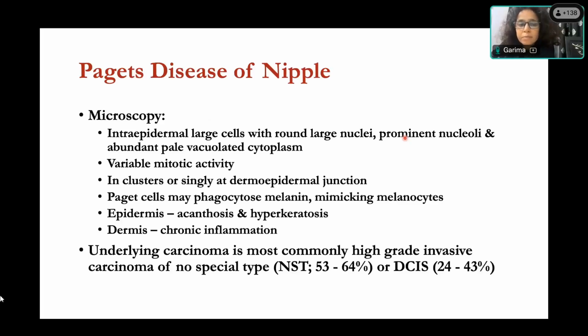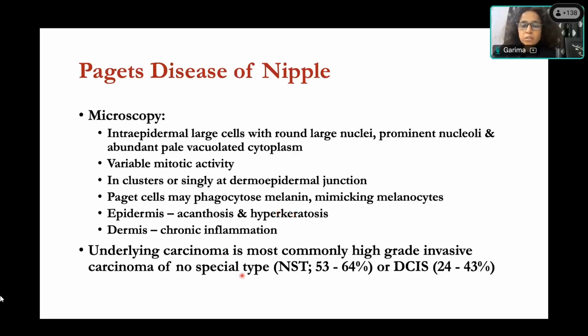These cells can be present in clusters or singly at the dermoepidermal junction, and sometimes they phagocytose melanin, as in this case, which may mimic melanocytes, and that is why one of the differentials is a melanoma in situ. The epidermis, as you all correctly pointed out, showed acanthosis and hyperkeratosis, and the dermis showed chronic inflammation.